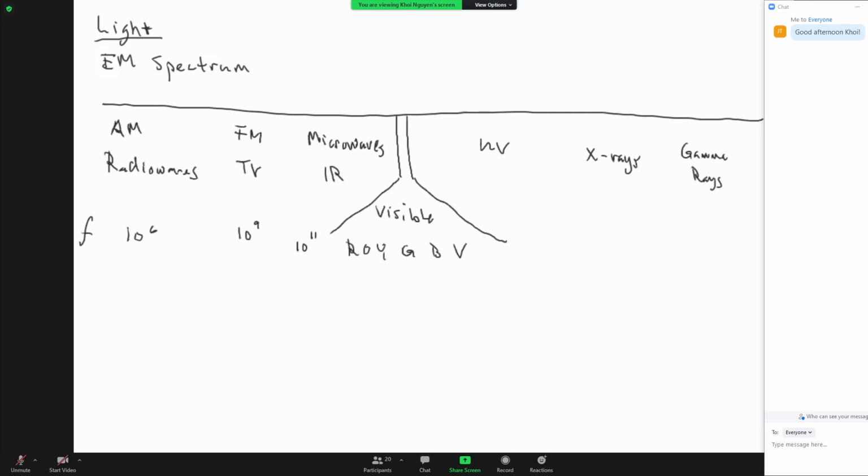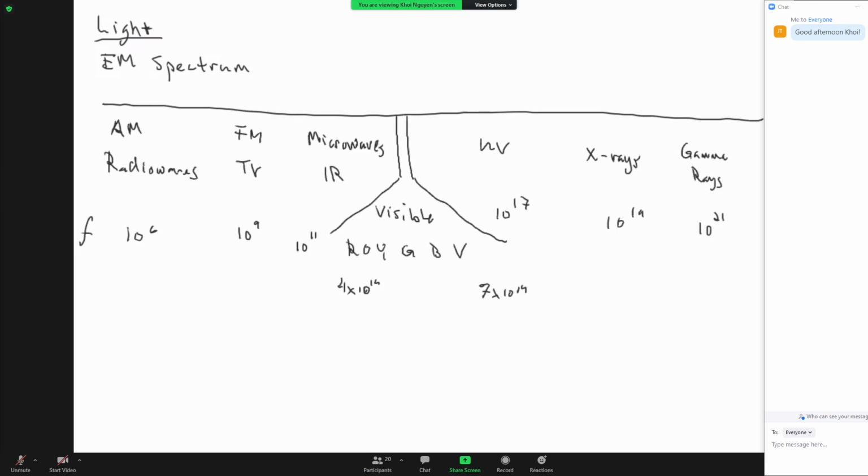The visible spectrum, the red, is around 4 times 10 to the 14th to around 7 times 10 to the 14th for the violet. UV rays are around 10 to the 17, X-rays 10 to the 19, gamma rays 10 to the 21st. There's cosmic galactic rays, that's around 10 to the 23rd hertz.